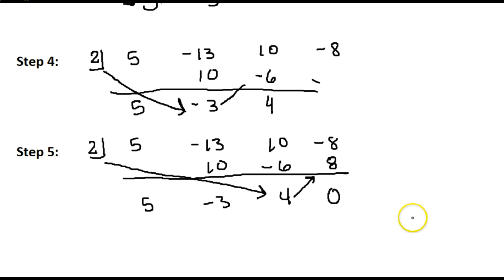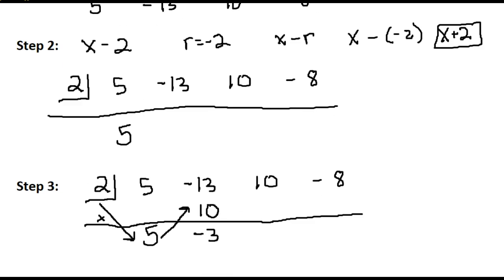And what we do next is we put it all back together. We put in our x's. The numbers on this bottom row are the coefficients of our quotient. So we need to start with the power of x that is 1 less than the degree of the dividend.